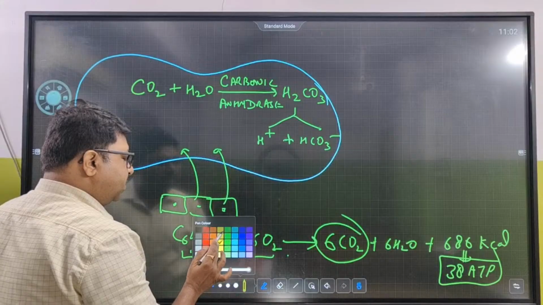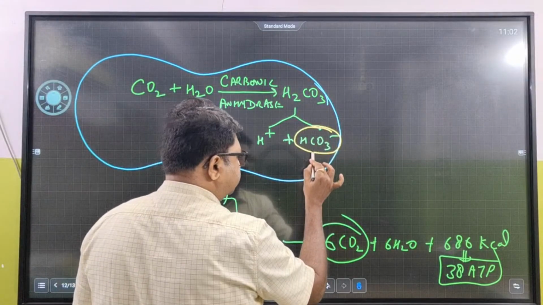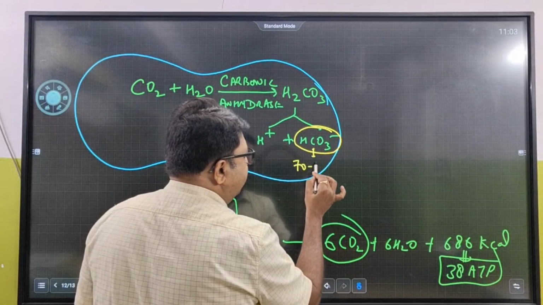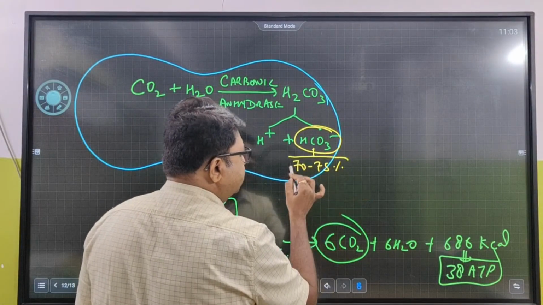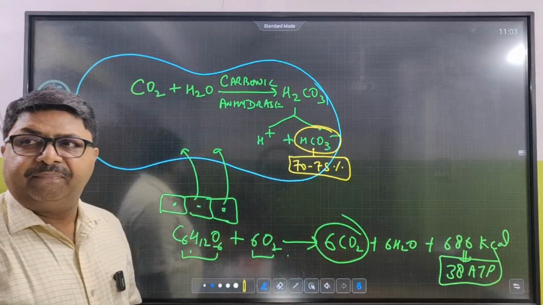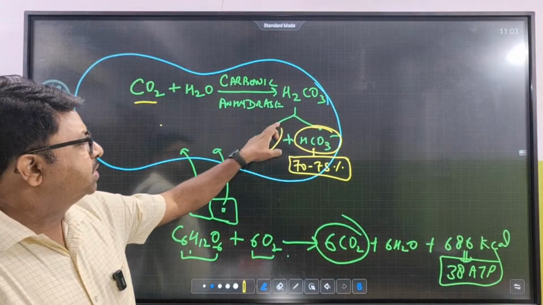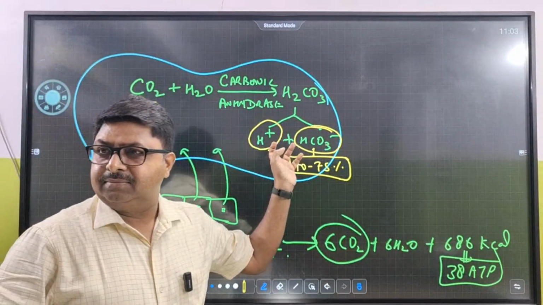These are the bicarbonates, in which form 70-75% of the carbon dioxide is transported, as bicarbonate ion. That means the more the carbon dioxide transport, the more is the formation of H plus ion.